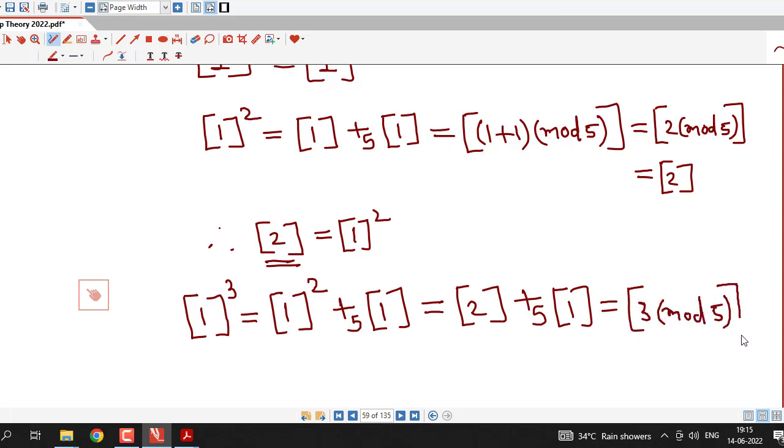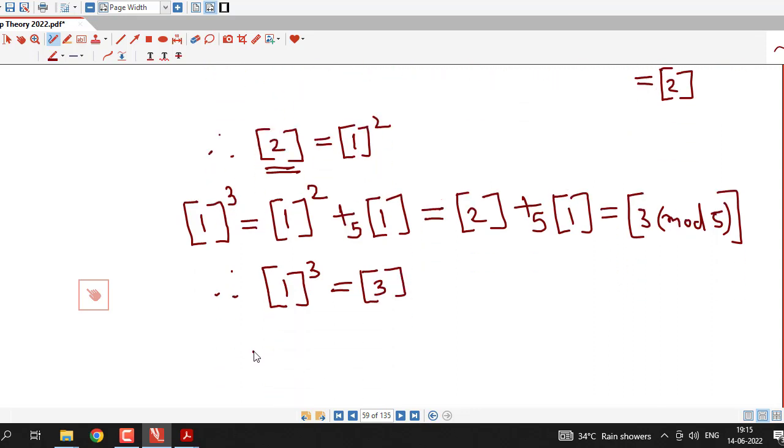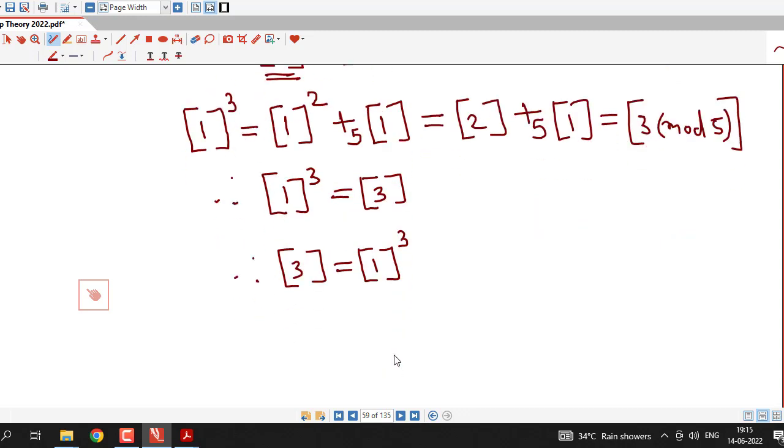So we have to write the remainder when 3 is divided by 5, and because 3 is less than 5, the remainder will be 3. So we have written 3 as the third power of equivalence class 1. Equivalence class 3 can be represented as equivalence class 1 raised to 3.